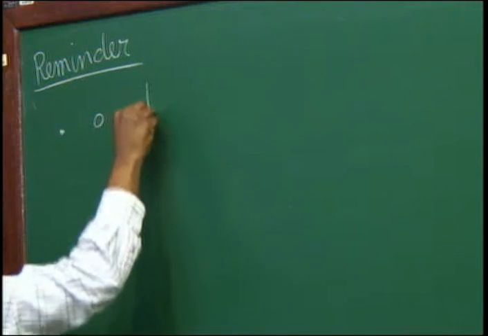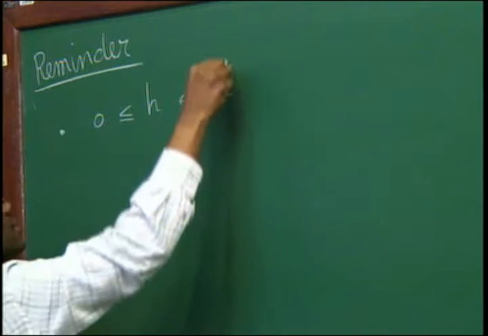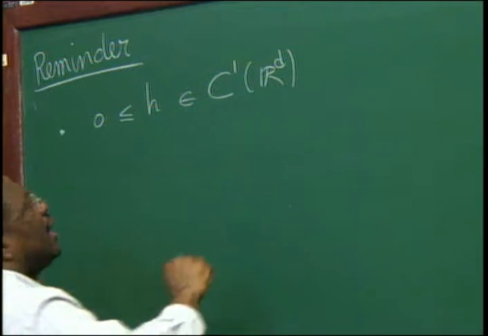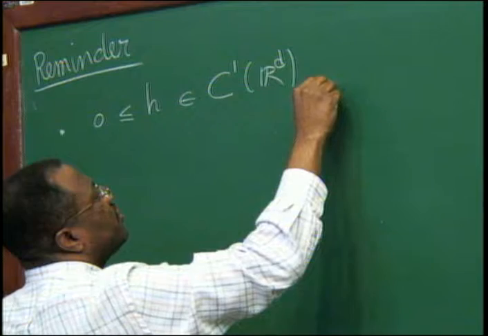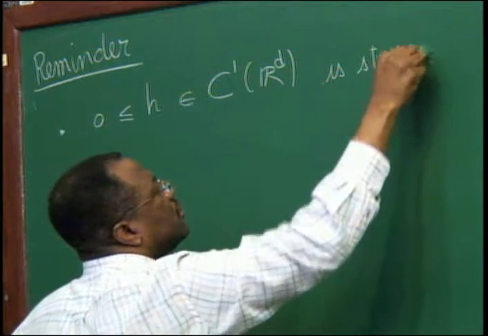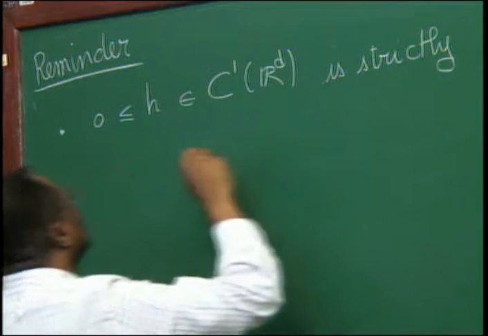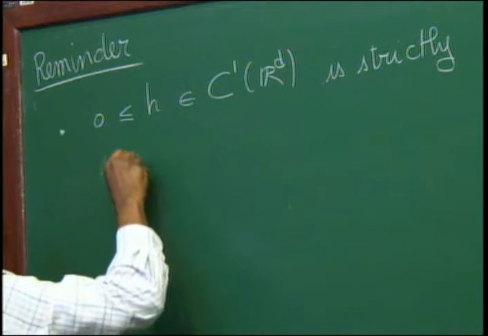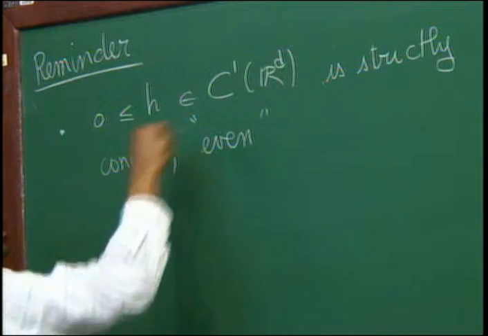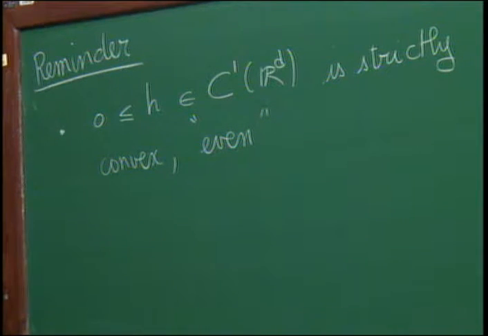h is less than or equal to 0, it is a C1 function. It's strictly convex. Even. And I keep saying even is not important.